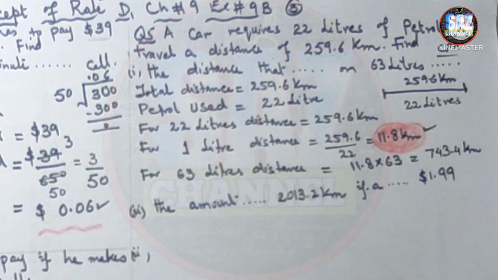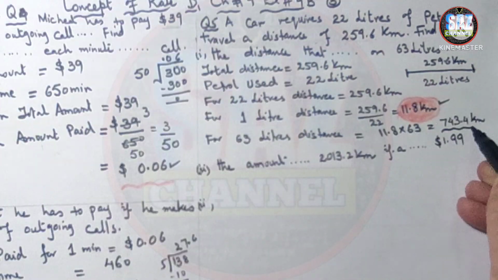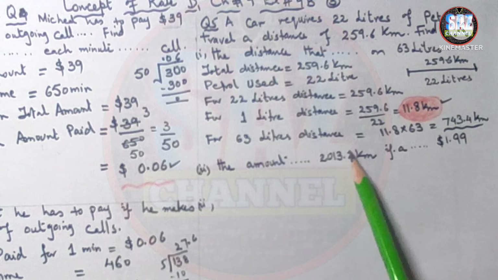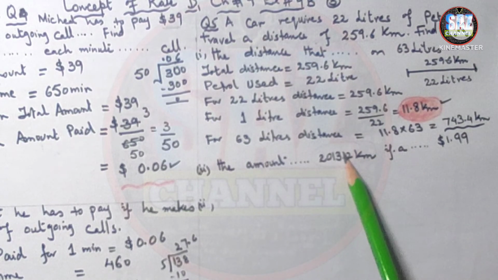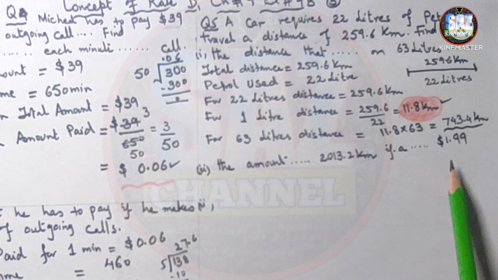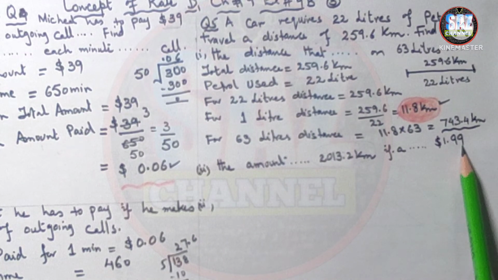Okay, now the second part of the question, underline this answer. I am really going slow so that my students can understand these questions properly, because these questions are a problem for some of my students. The second part says: the amount that the car owner has to pay to travel a distance of 13.2 kilometers if a liter of petrol costs $1.99.